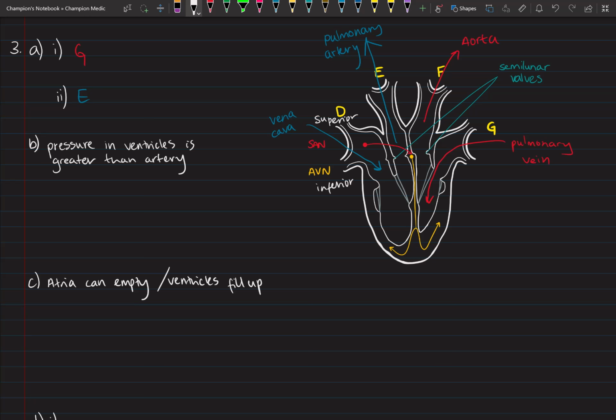That's to ensure that process takes place before ventricular contraction, because you want to ensure that the ventricles are contracting when they have blood filled in them. If there wasn't a time delay, then blood would rush back into the atria when the ventricles contract, and we just don't want blood to go backwards in the vessel.